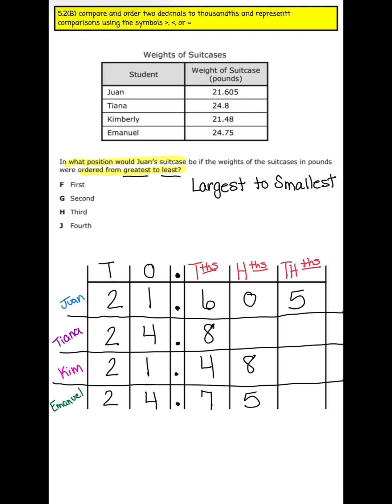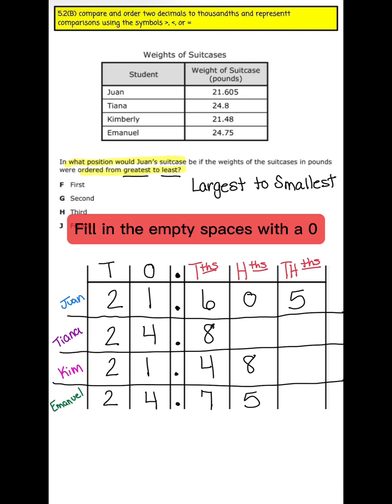Now that we've plugged the numbers into the place value chart, if there are any empty spaces, we will fill them in with placeholders or zeros.